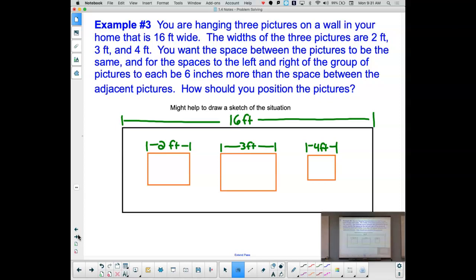We want the spaces between the pictures to be the same. So let's call that X. Because we don't know what that space is going to be.